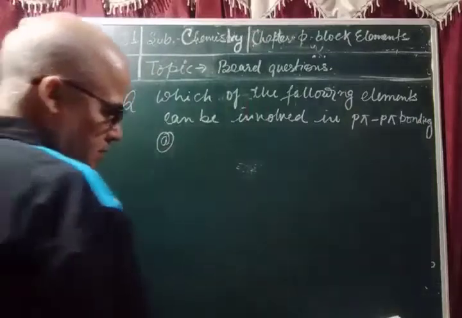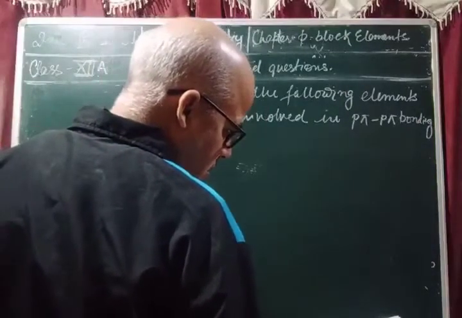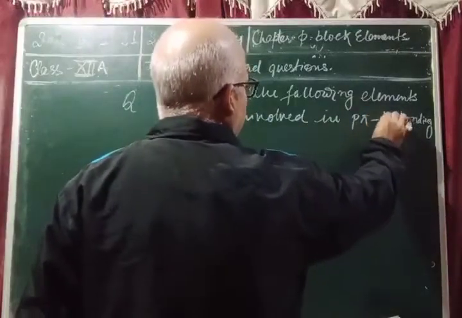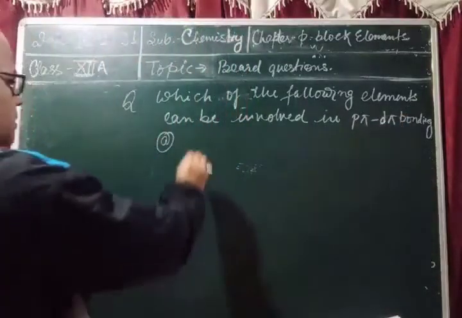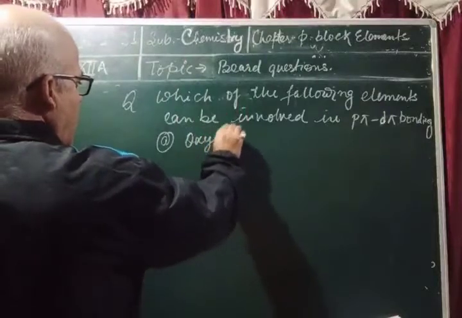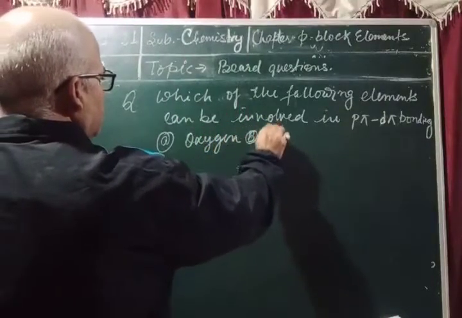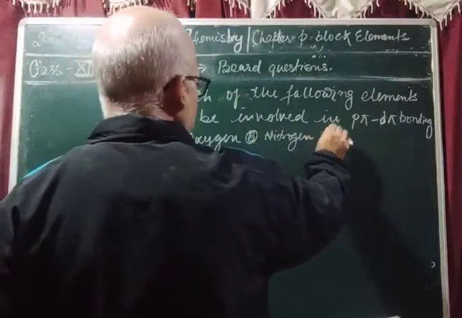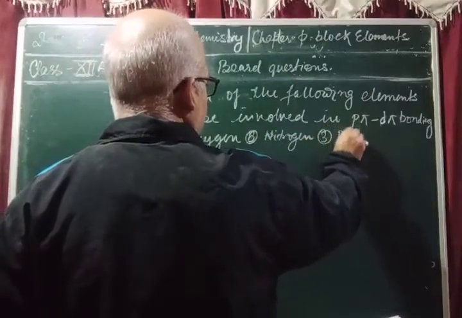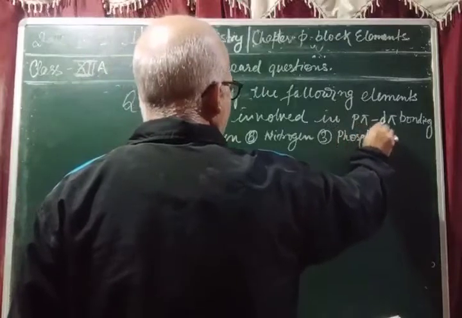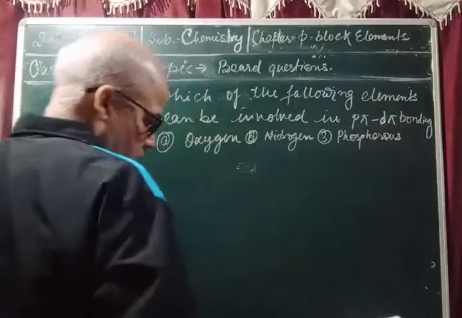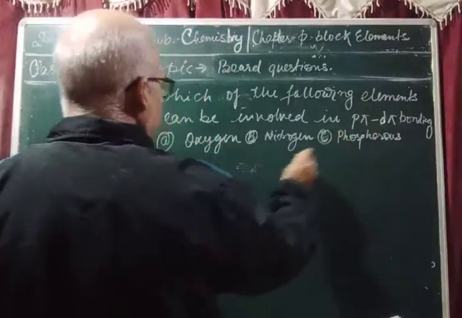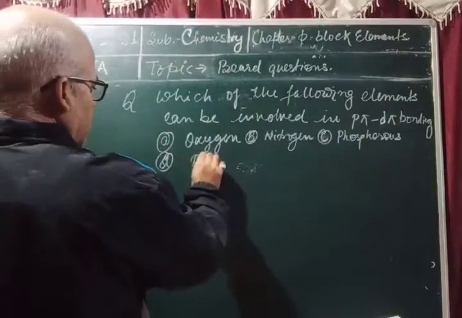A is oxygen, second one nitrogen, third one is phosphorus, and last one is boron. This one is C and this one is D.